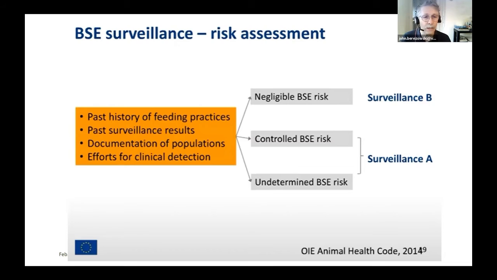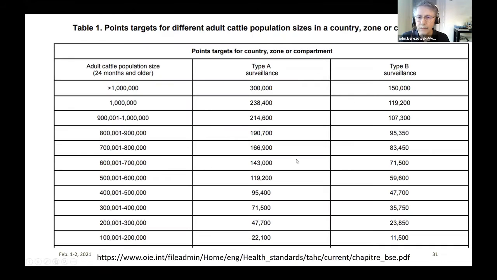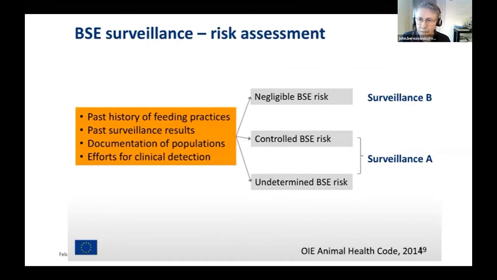That is, whether farms were identified and individual cattle were identified, and whether their movements were tracked, and efforts for clinical detection of cases. So based on these, we divided the surveillance system into 2 types of surveillance, called surveillance A for the controlled risk, and surveillance B for the undetermined risk.